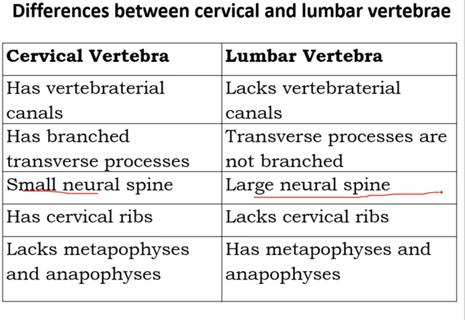Lumbar has a large neurospine. Cervical has cervical ribs, while lumbar lacks cervical ribs. Cervical vertebrae lack metapophysis and anapophysis, while lumbar vertebrae have metapophysis and anapophysis. And as we said, they're just extra projections for attachment of muscles.